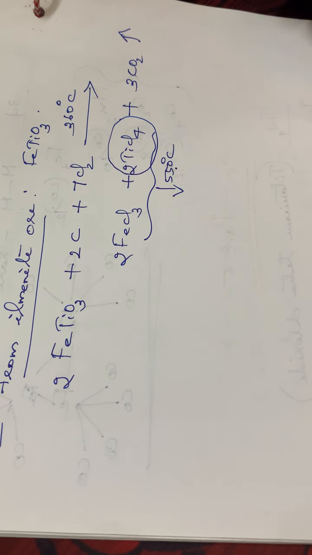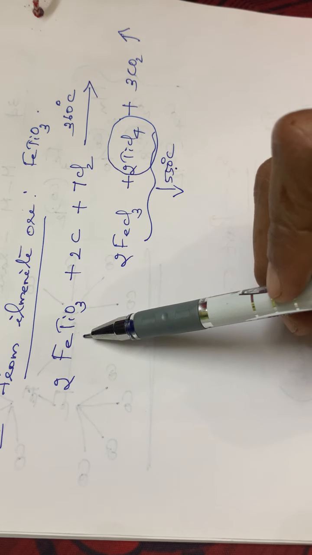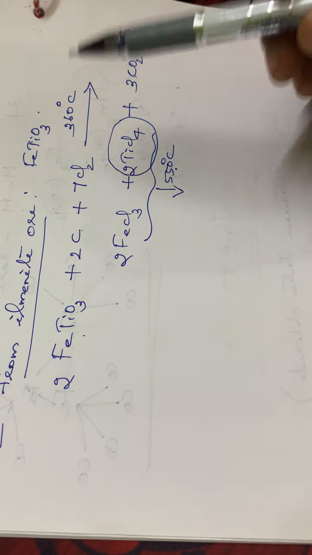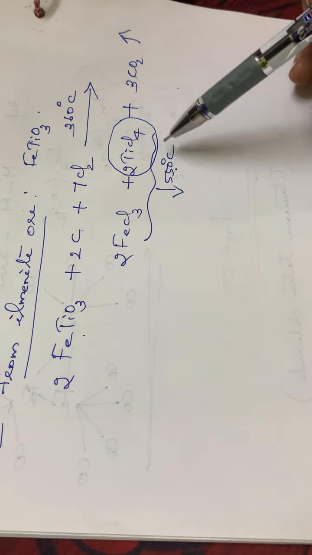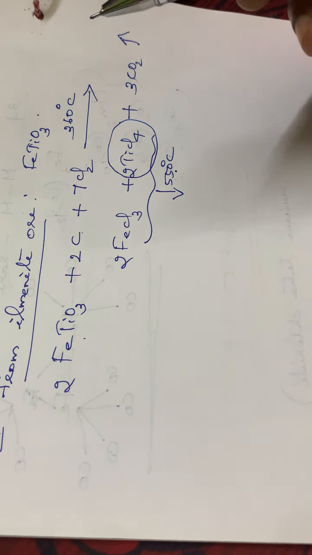This is the method of preparation from ilmenite ore: ilmenite ore plus carbon plus a current of chlorine, and the product obtained is then heated to 550 degrees Celsius.